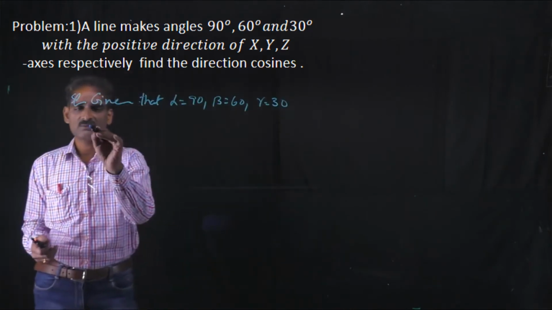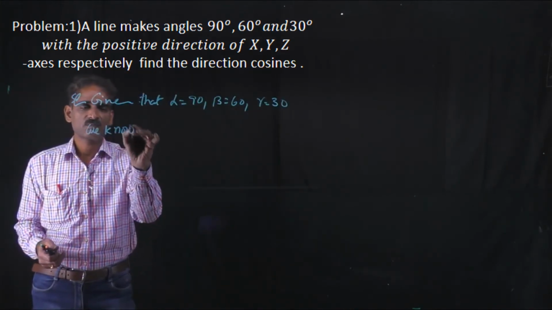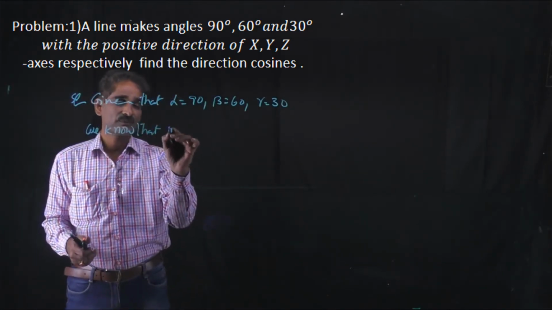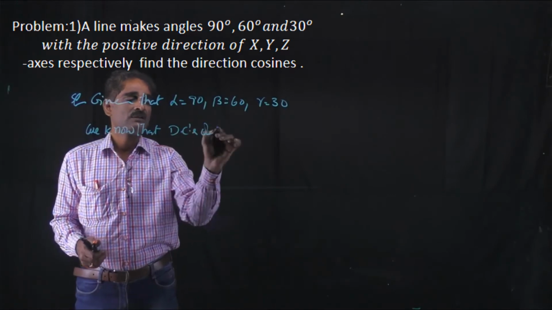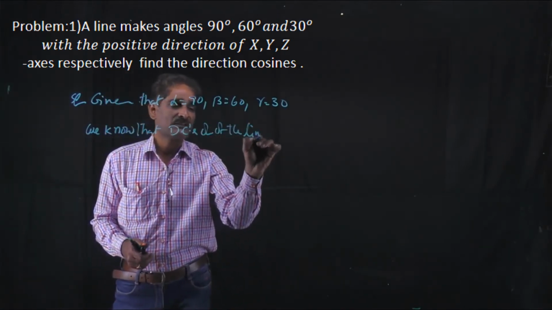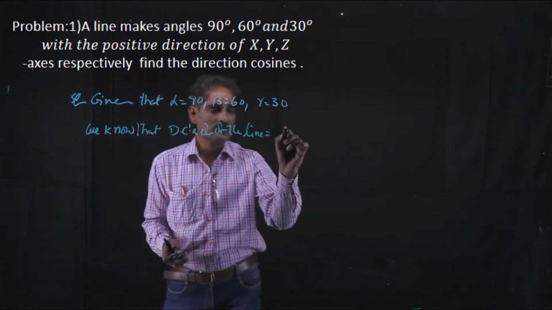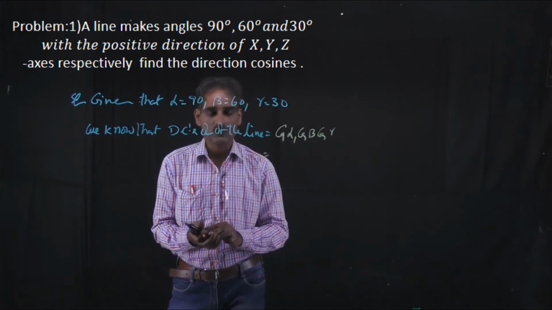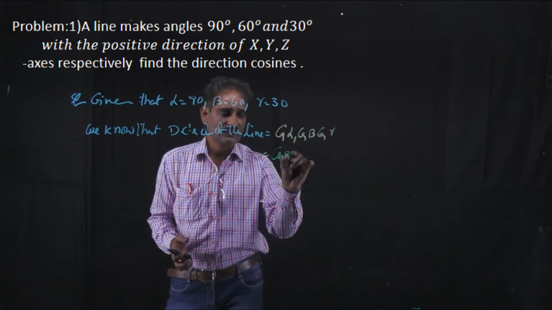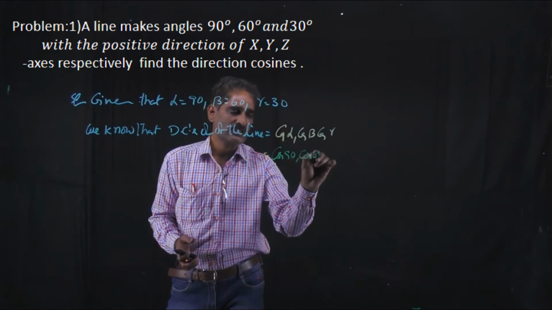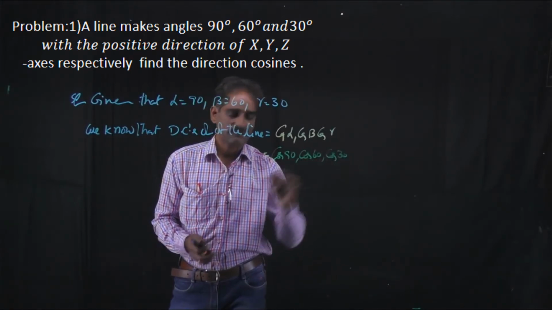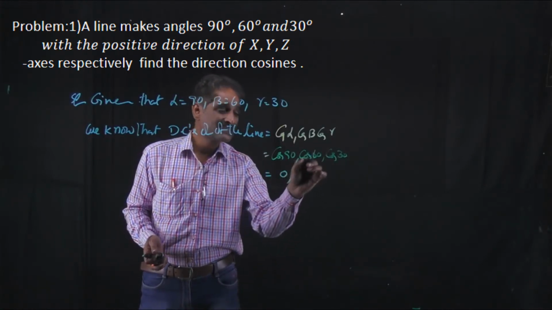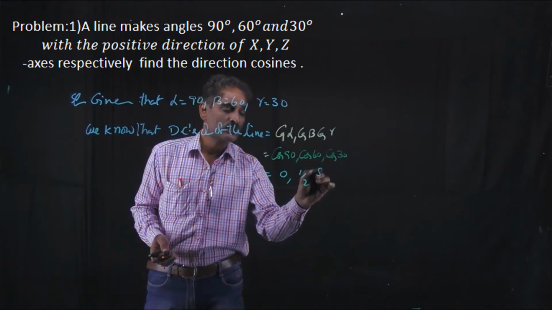We know that DCs of the line is equal to cos alpha, cos beta, cos gamma, that is equal to cos 90, cos 60, cos 30, that is equal to 0, 1 by 2, root 3 by 2.